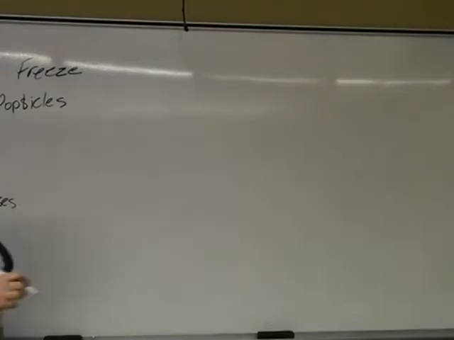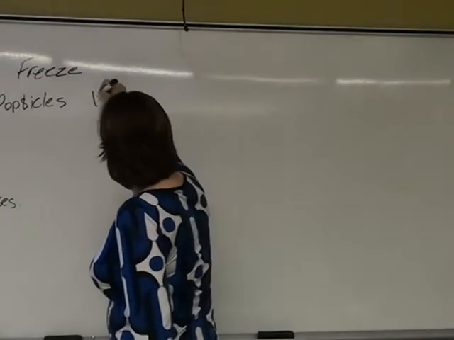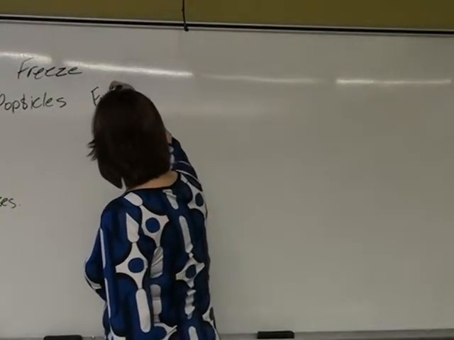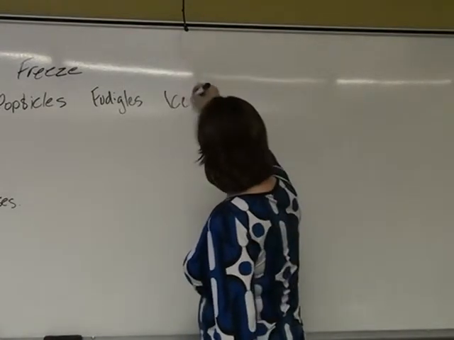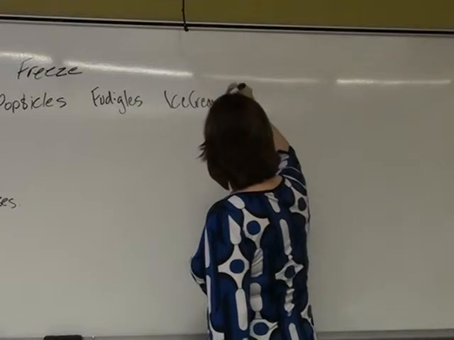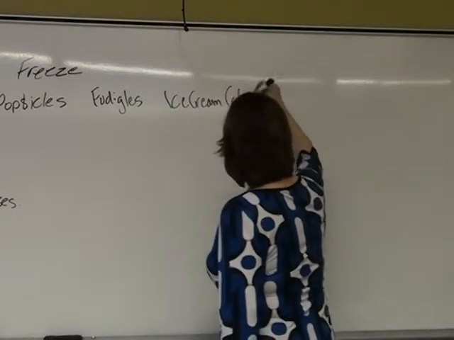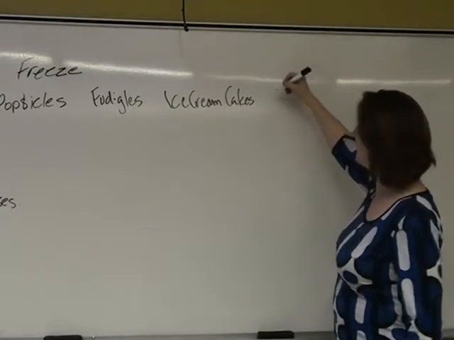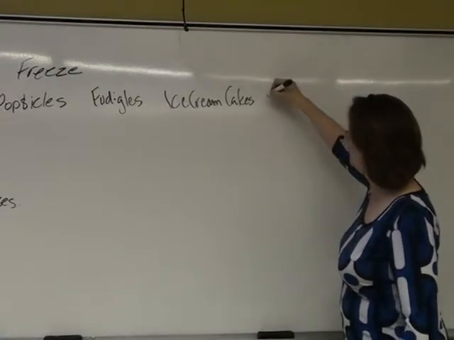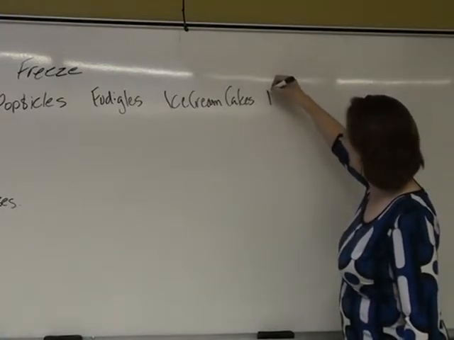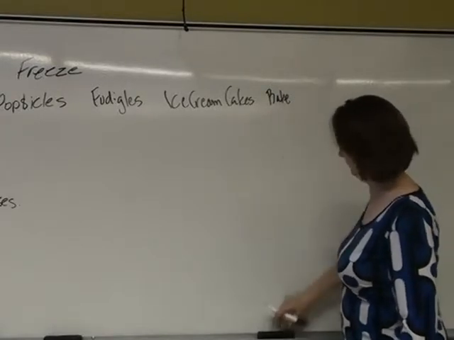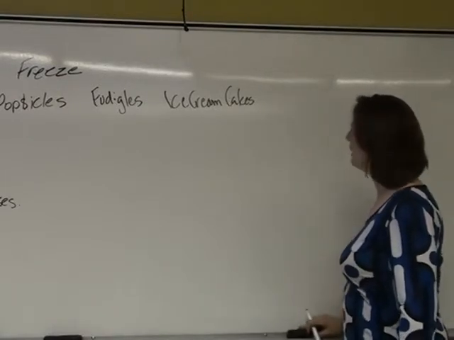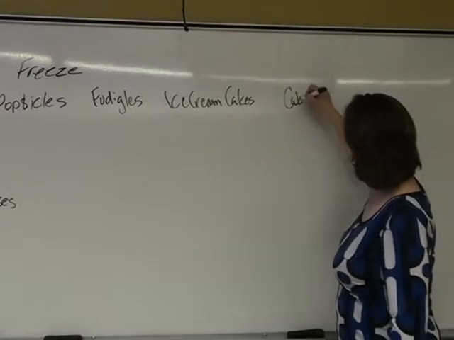What happens if in addition to popsicles, they also made fudgicles, and let's say ice cream cakes, and regular baked cakes? So not ice cream cakes, just regular cakes.